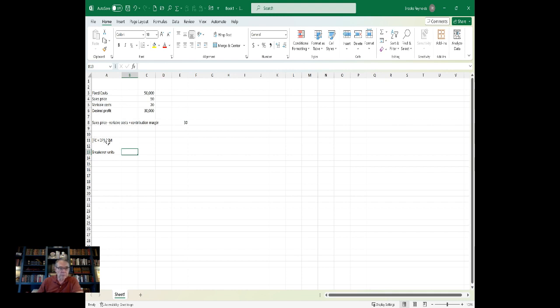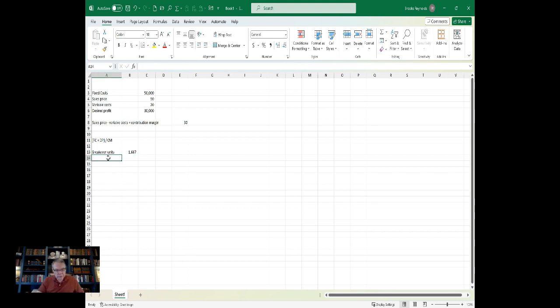Since our desired profit is zero because break even units means we don't make any money or lose any money, then it's simply going to be the $50,000 in fixed cost divided by 30, which is our contribution margin. And so that is the answer, but we're going to round to the nearest whole number.